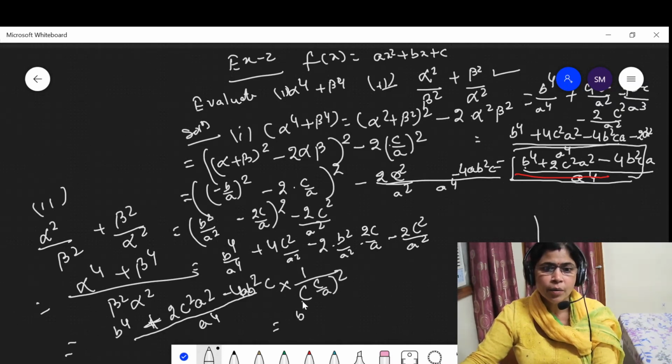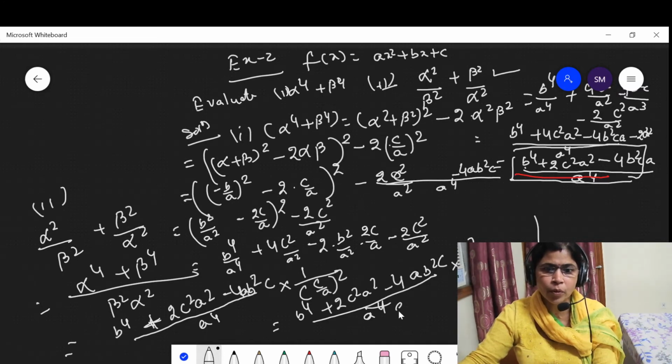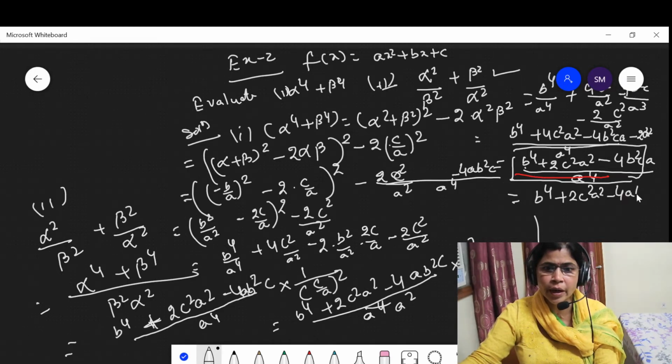Then this is b fourth plus 2c square a square minus 4ab square c upon a fourth into a square upon c square, a square, a fourth cancel. Then finally we get the answer as b fourth plus 2c square a square minus 4ab square c upon a square c square.